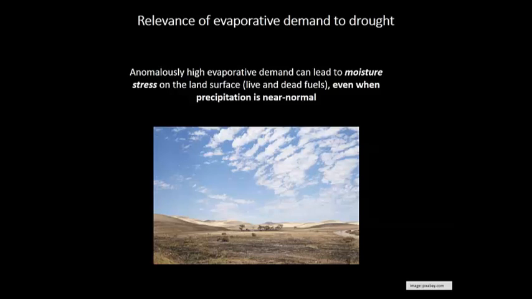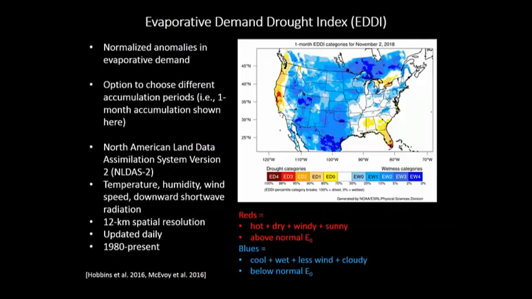One of the main features about EDDI is that the user can choose what time scale you want to look at, whether you want to look at short-term wetting and drying or long-term extended hydrologic conditions.